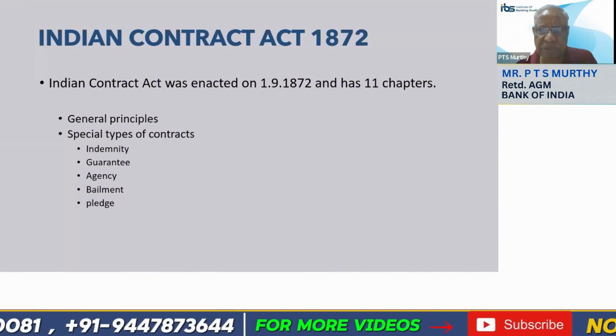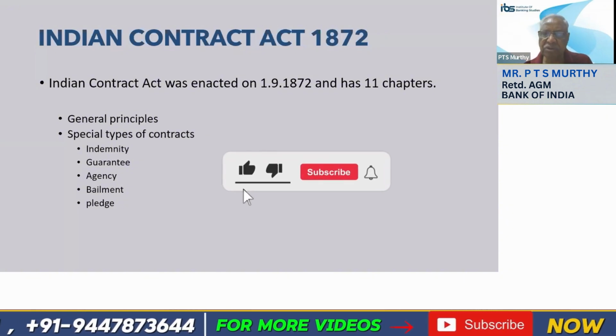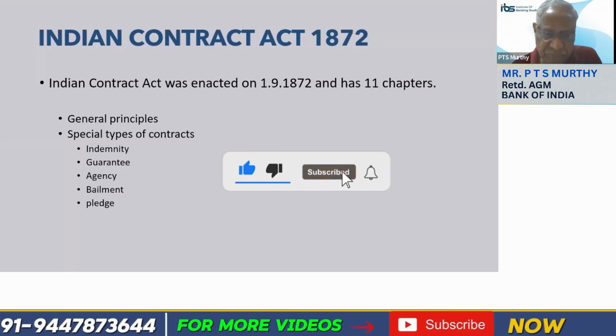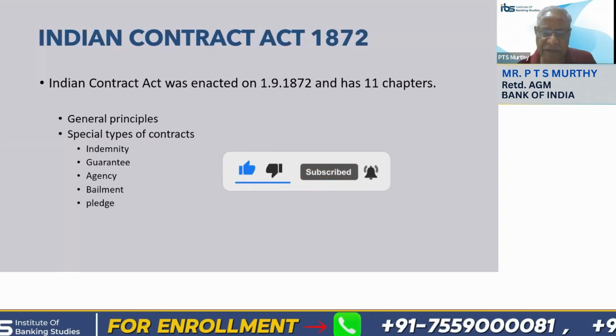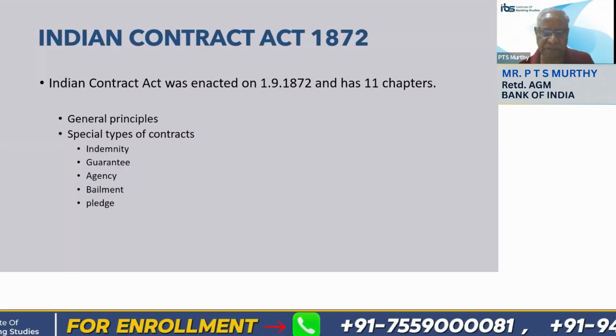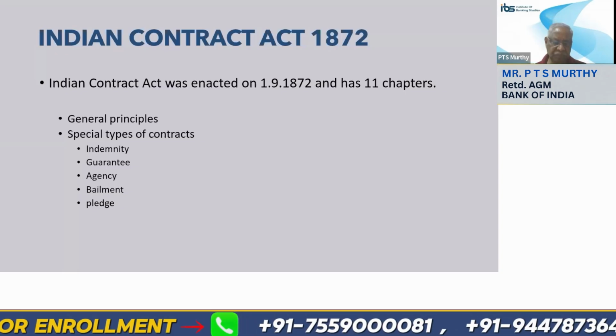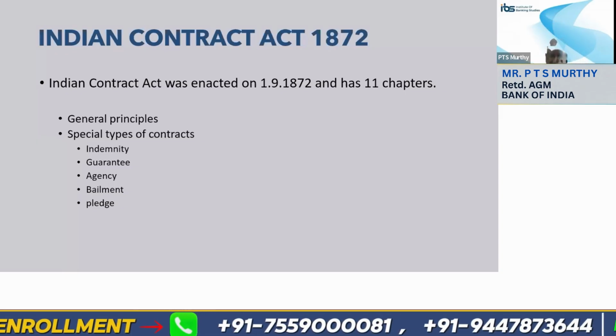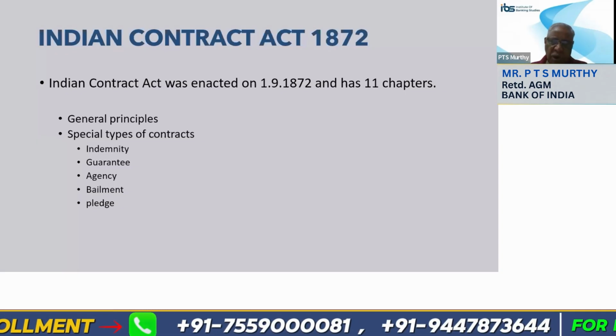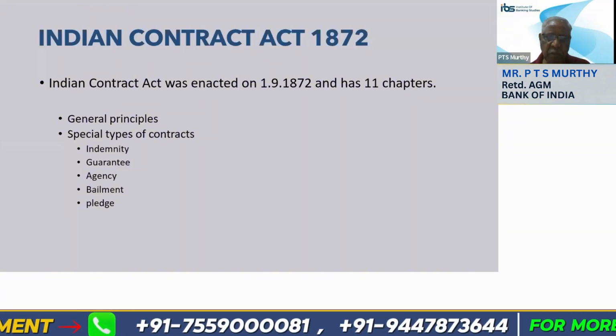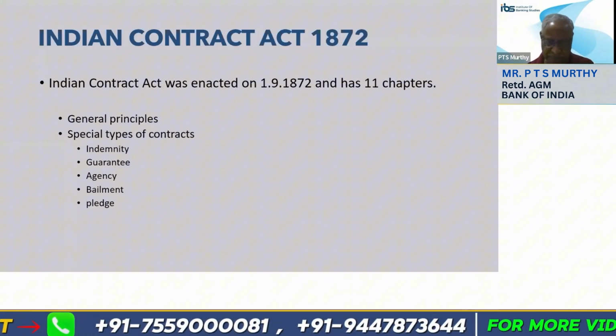The Act also speaks about special contracts executed between two parties: indemnity, guarantee, agency, bailment, and pledge. First we will see the general principles, then the special types of contracts.